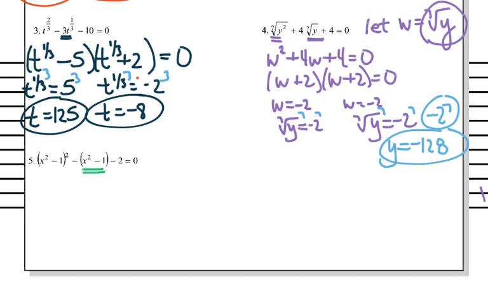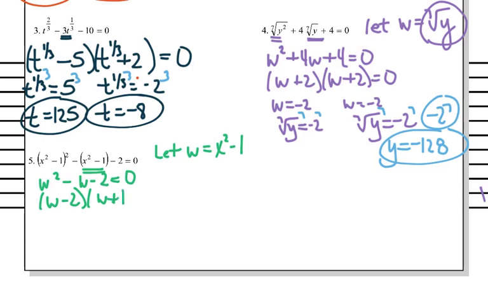Last one here, I'm going to use again my substitution. I'm going to let w equal x squared minus 1. So this is going to become w squared minus w minus 2 equals 0, which factors w minus 2, w plus 1, w is 2, w is negative 1. But then I have to go back and plug that in.